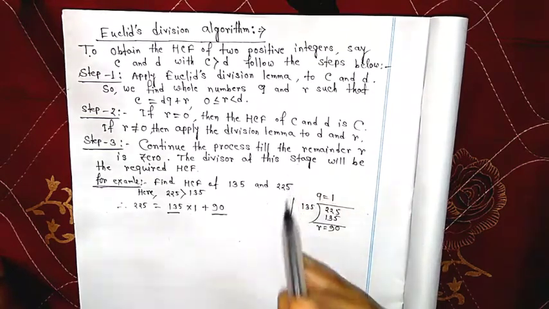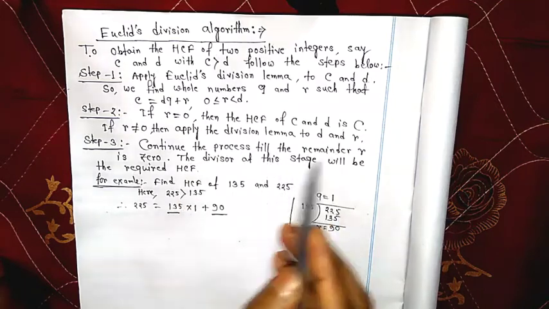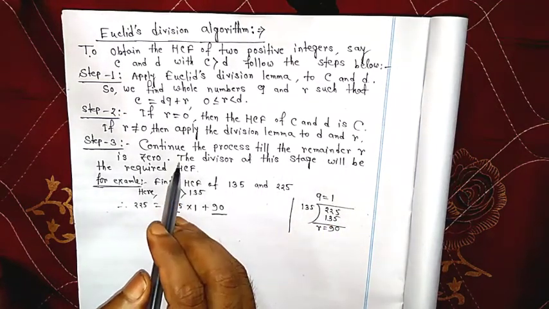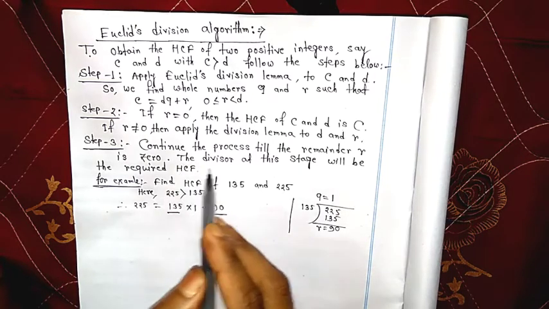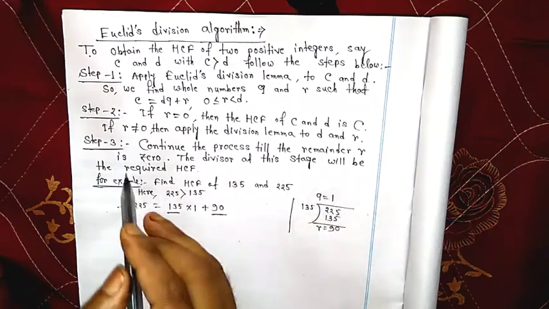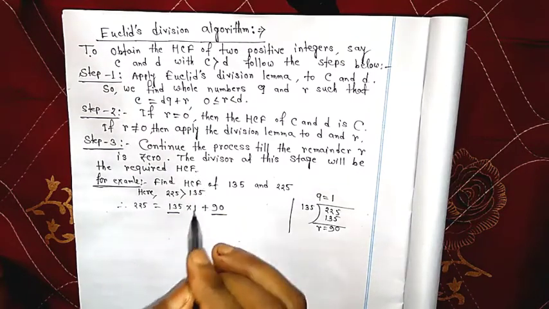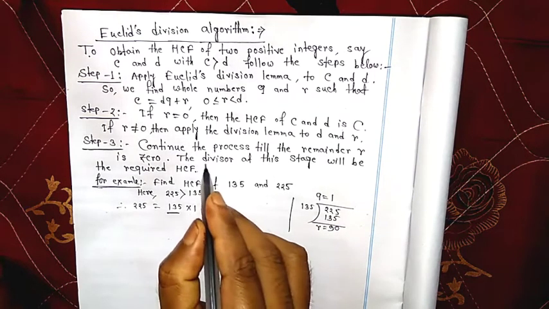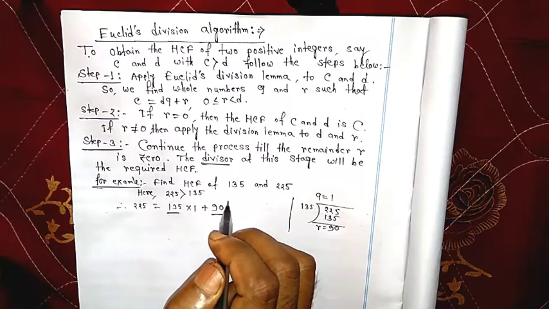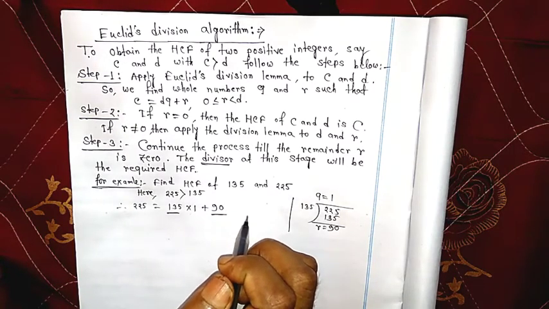Step 3: continue this process till the remainder r is 0. The divisor at this stage will be the required HCF of the two given positive integers.